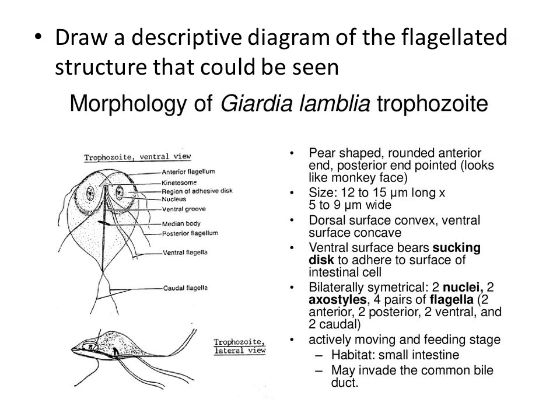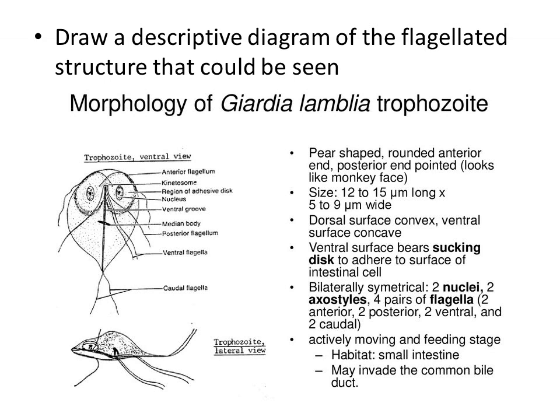Inside the sucking disc we can see a small nucleus at the center of each, and inside the nucleus we can see a small karyosome. Here we can see four pairs of flagella. One pair, that means two flagella, arise from the anterior.